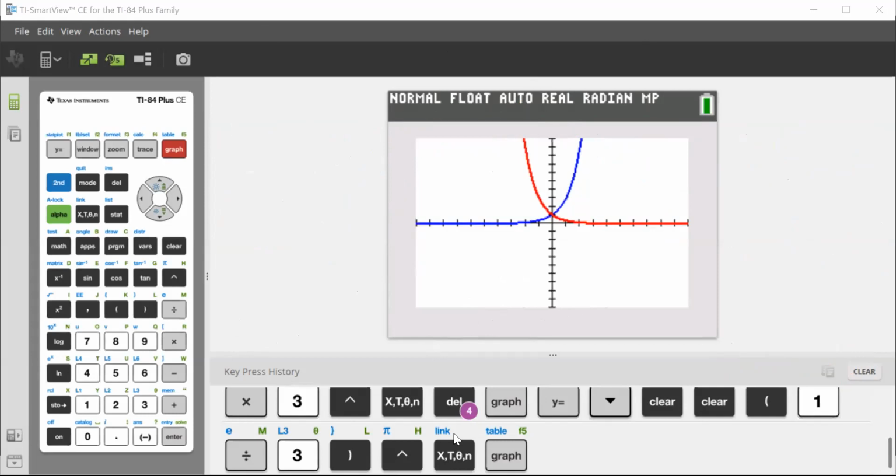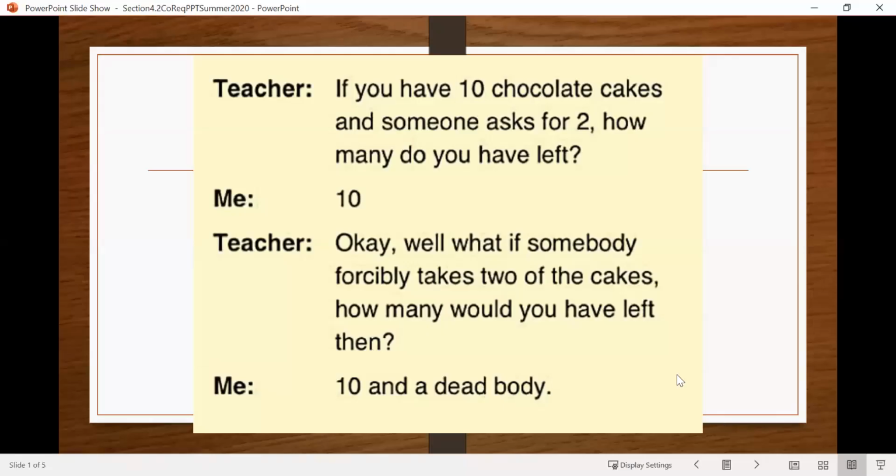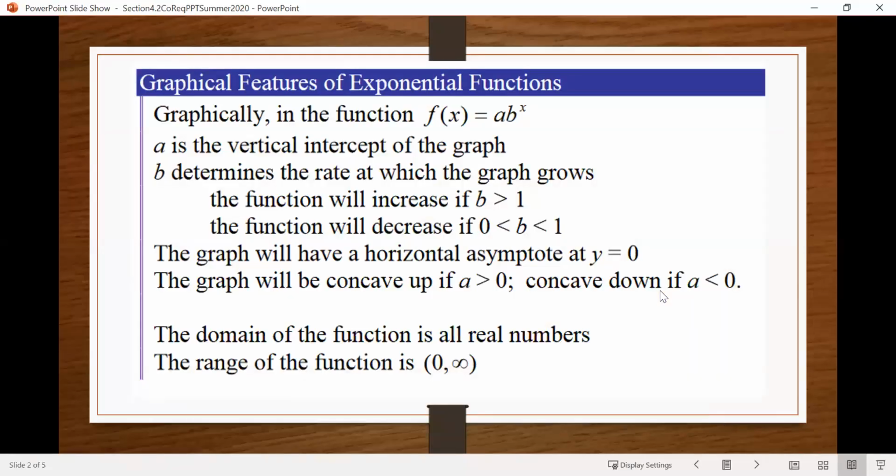So let's go back to our PowerPoint and look at a slide that has basically a summary of this information. So if we have a function given in the form f of x equals a times b to the x, and I want you to notice, first of all, that's just a times b to the x. There's nothing being added at the end. If there is something being added at the end, some of this information below changes. But if we have that form, a times b to the x, here are some of the properties we'll see.